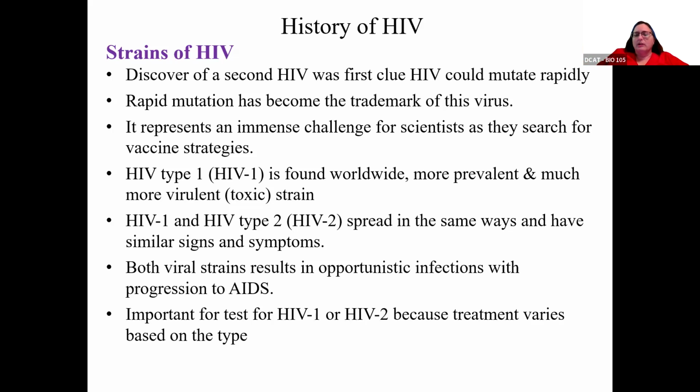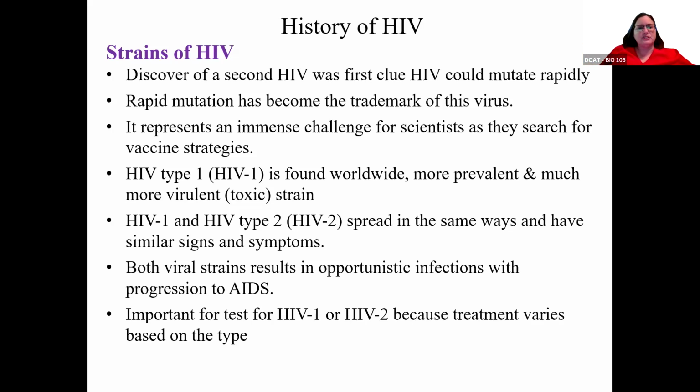It's more prevalent, which means it's more, I hate to say popular, but we're going to see it more, and it's much more virulent. So it's a toxic strain. Remember in the first PowerPoint for exam 1, we talked about virulence, right? And that virulence is how strong it is, and how likely it is to cause infection.